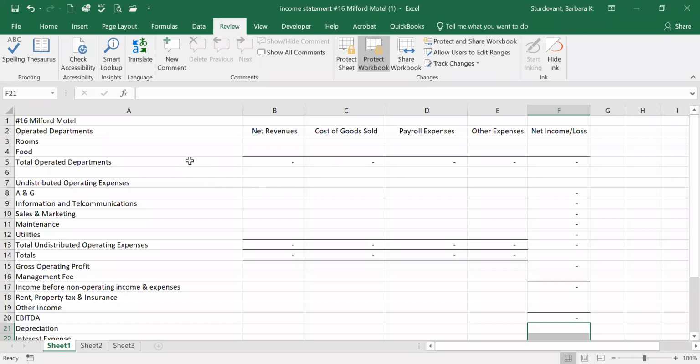All right, so let's go to rooms. We need to start with the revenue. What you got for rooms? What's your room revenue? 1.2 million. Okay.